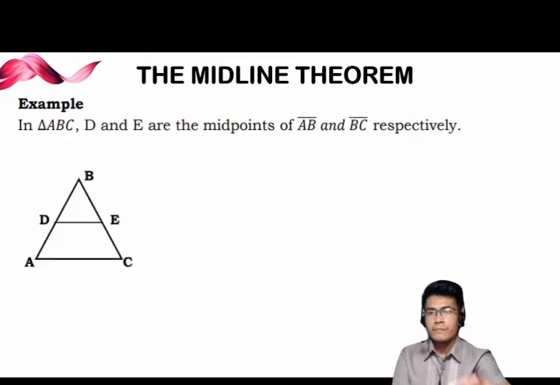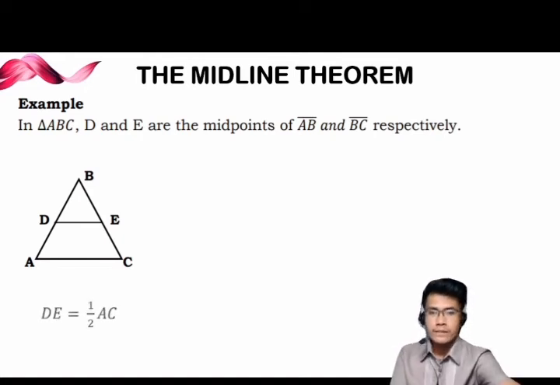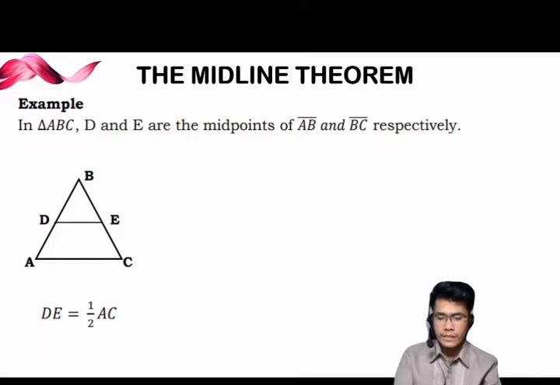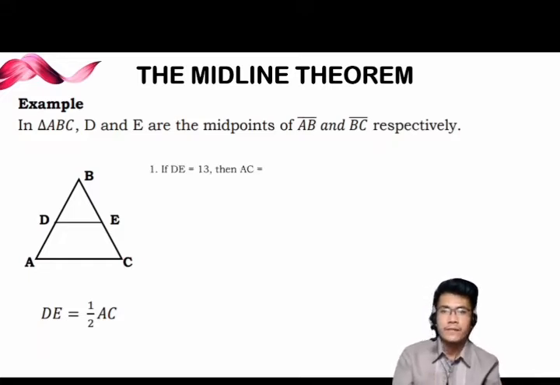In triangle ABC, D and E are the midpoints of side AB and side BC respectively. So this is our formula based on the midline theorem: DE is equal to 1/2 of AC. Now, let's have number 1. If DE is equal to 13, then what is the measure of AC?